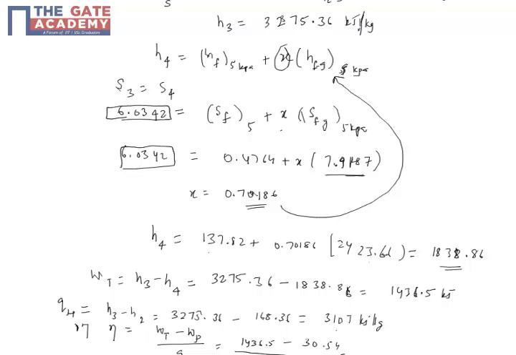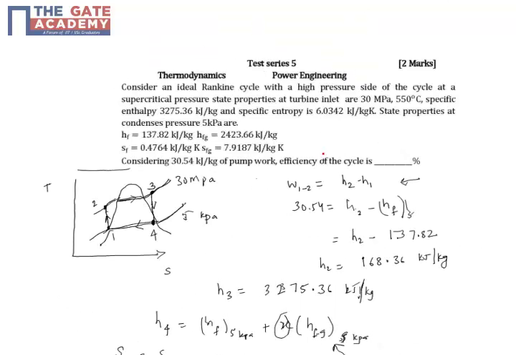Yeah, so this ratio roughly comes to 0.4525, so it's 45.25 percent. So 45.25 percent is the efficiency.